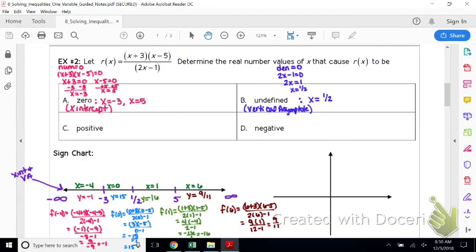Okay, now in example 2, it does want me to graph it. So I could graph just a quick little sketch. My x-intercepts.